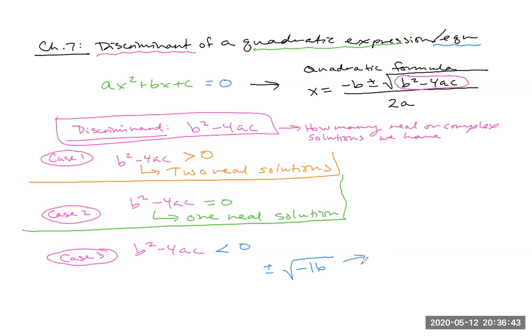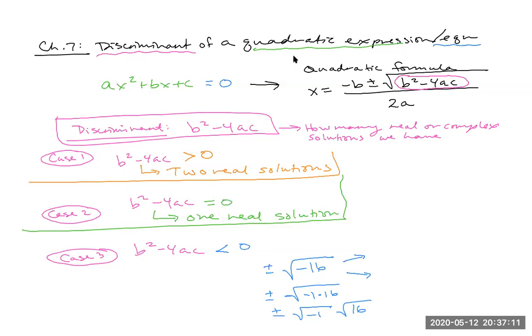Well, remember we talked about i at this point. So you have a plus minus. This part is going to become square root negative 1 times 16, which is square root negative 1 times square root 16.